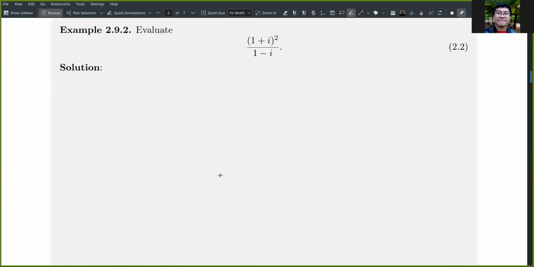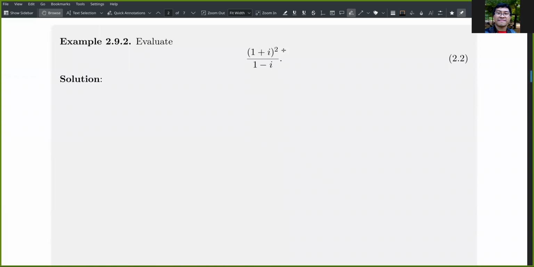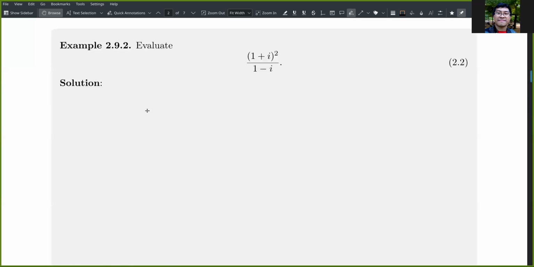Okay, another example is, let's evaluate 1 plus i quantity squared divided by 1 minus i. So in the xy complex plane, suppose this is 1, minus 1, 1, and minus 1. 1 plus i would be that point where real part is 1, imaginary part is also 1.